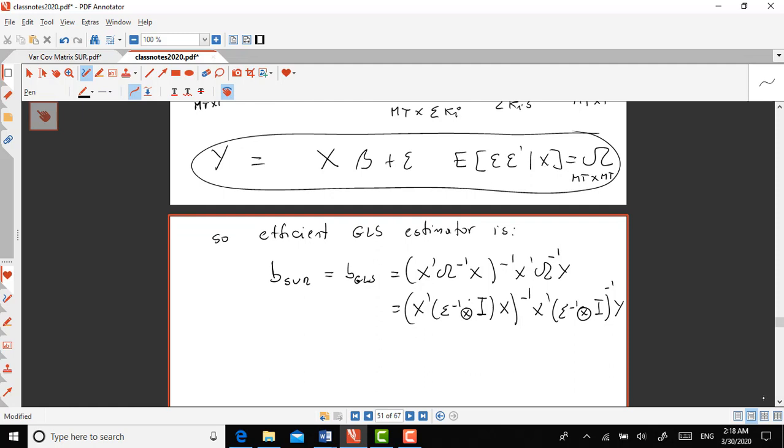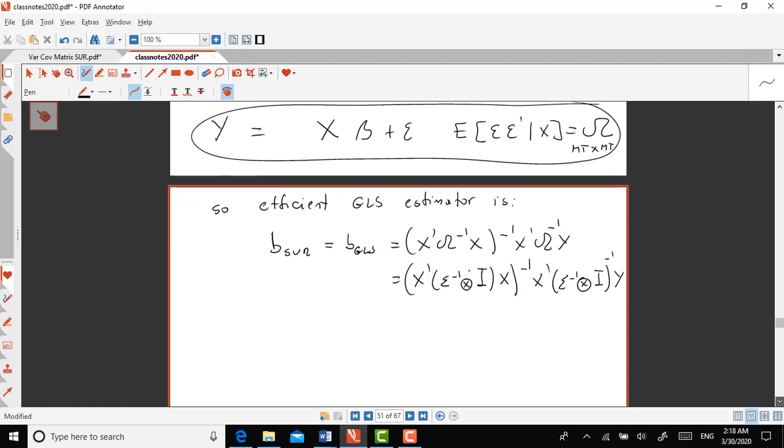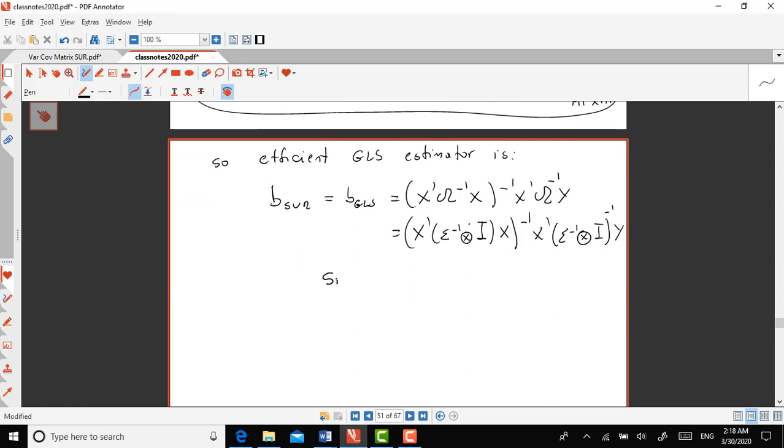Okay, we can rewrite it that way since our omega is equal to the product of sigma and the identity, and this is the Kronecker product. I'll give you some intuition of what's going on there.